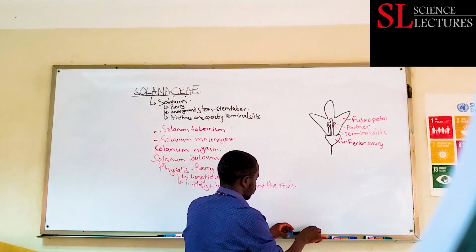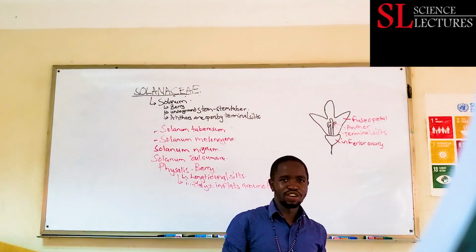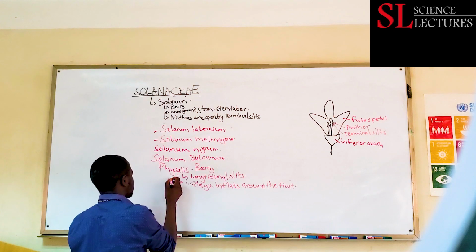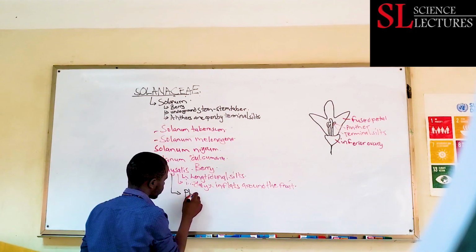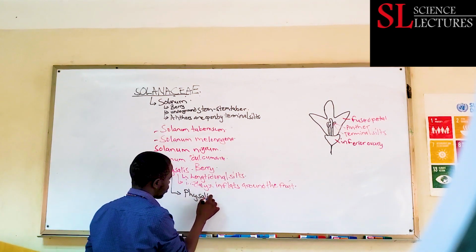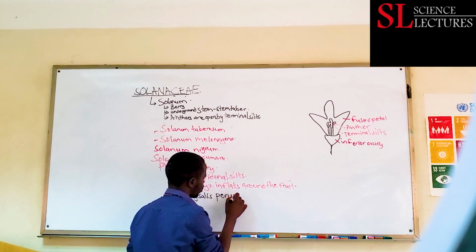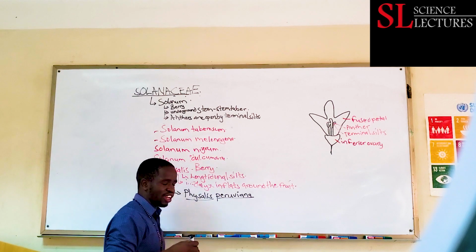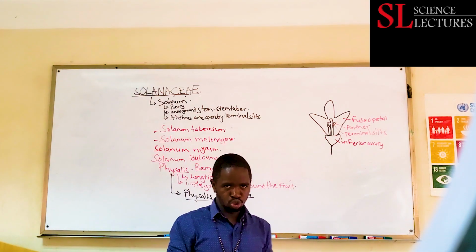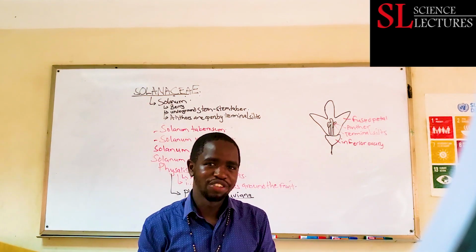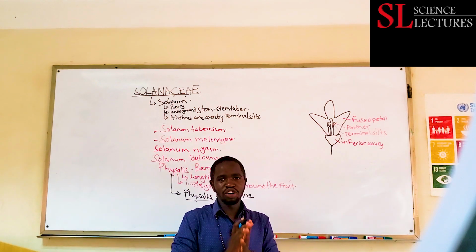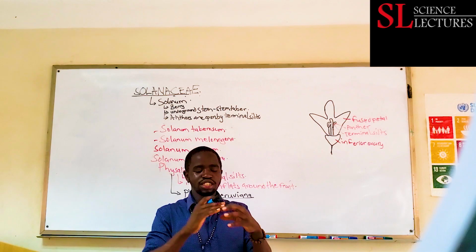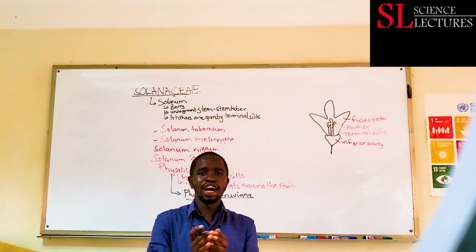For those of you that are from Uganda, some of the examples under this genus is Physalis peruviana, which is what they commonly call entuntunu. Here in Uganda we call it entuntunu. When you get that fruit, you will see that it is enclosed within something that looks like a sac.